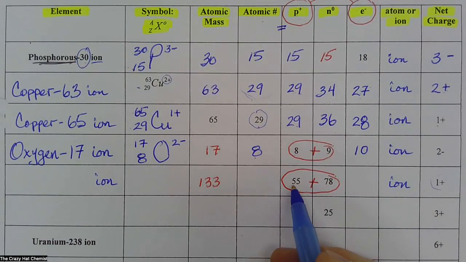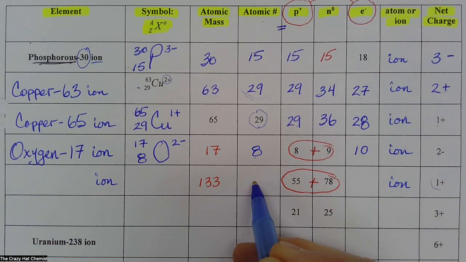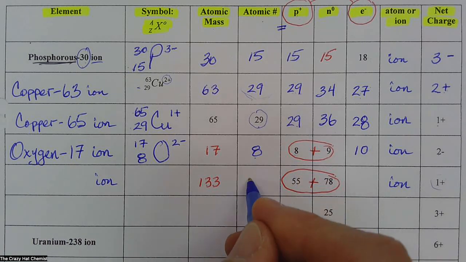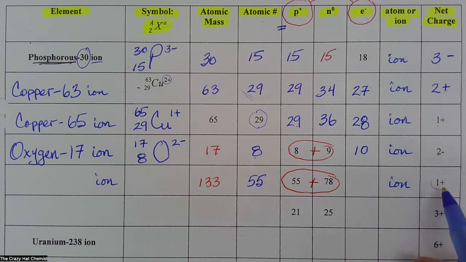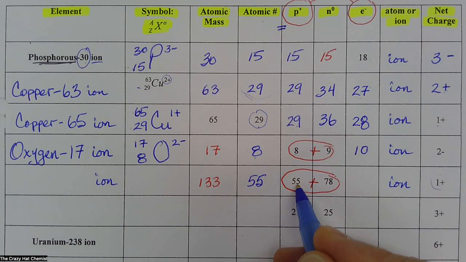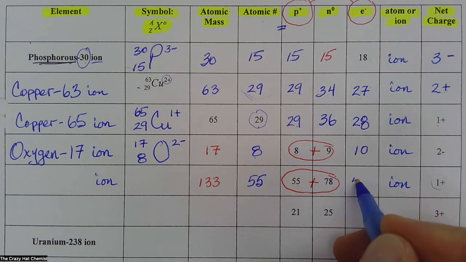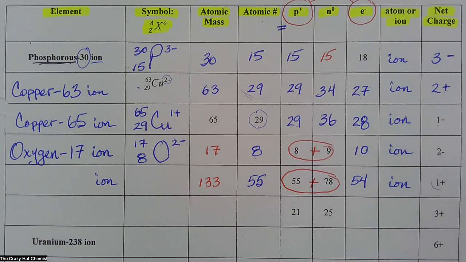Then the number of protons is equal to the atomic number. So 55 protons, that means the atomic number is 55. Since it has a positive charge, there is more protons than electrons. Since it's a 1 positive charge, that means that there is 1 more proton than there are electrons. Since there are 55 protons, that means there must be 54 electrons.